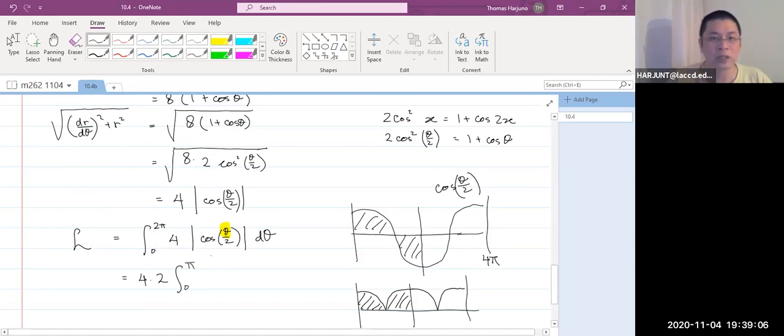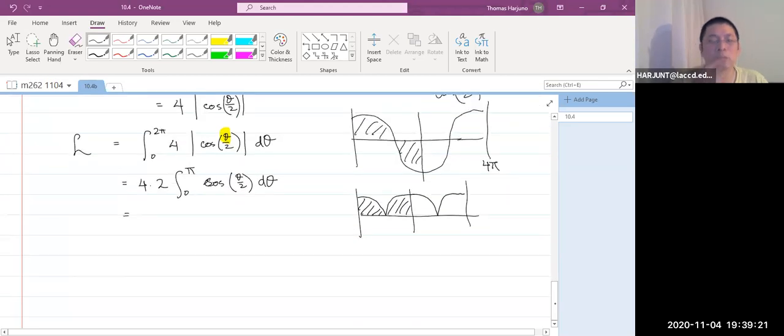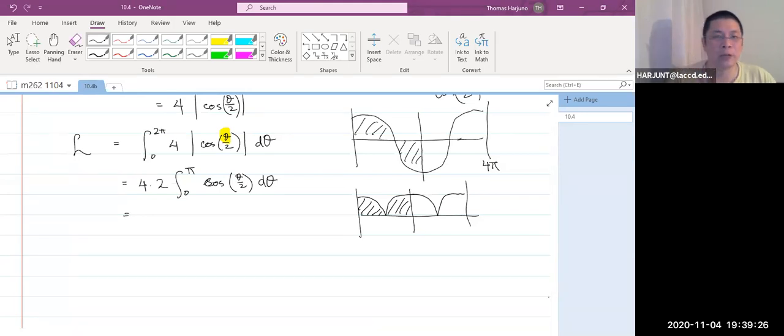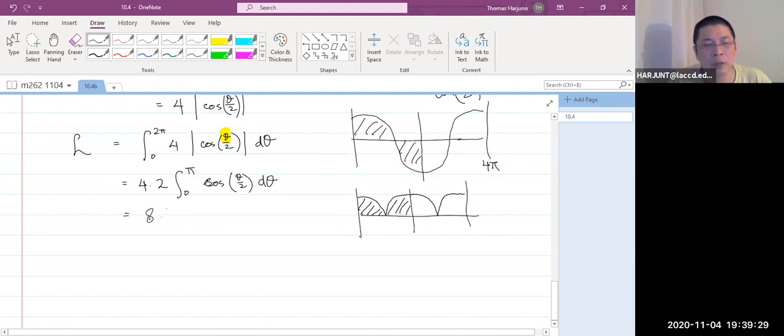That's when we can safely leave it as cosine theta over 2 without absolute sign. I use symmetry so that I don't need to worry about that absolute sign. Now this is 8 times the integral of cosine, that's 2 sine theta over 2 from 0 to pi. That's 16.